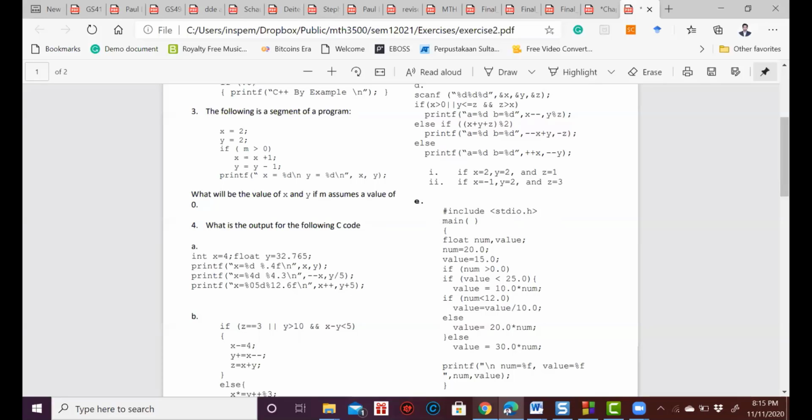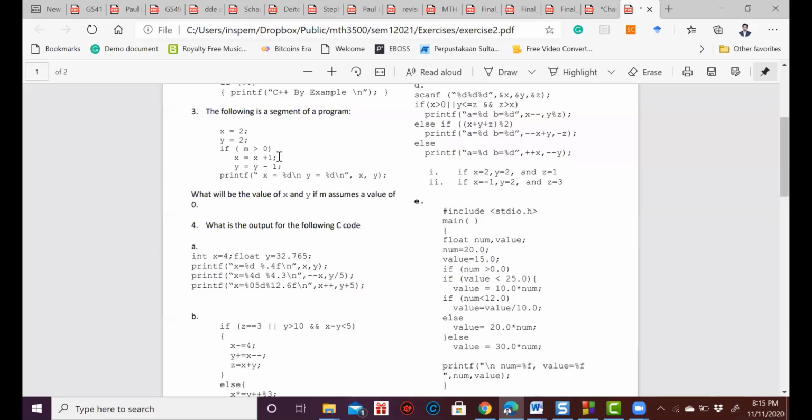Okay, class. The answer is X equal to 2 and then Y equal to 1. Now, how? So the logic is if here. Okay, class, look here. M is equal to 0 here. So is 0 greater than 0, true or false? False. Then they just calculate for Y. False, then we do not execute X equal to X plus 1.